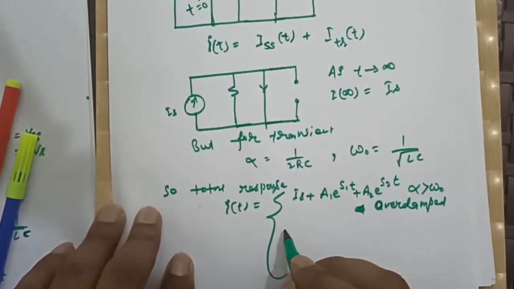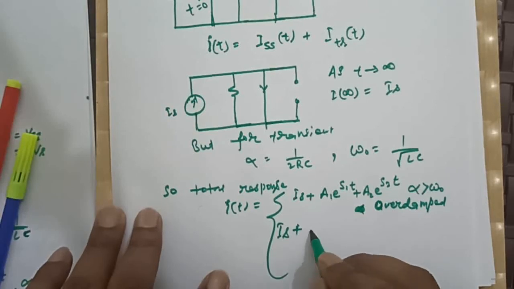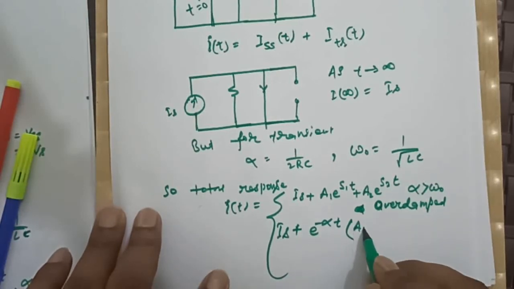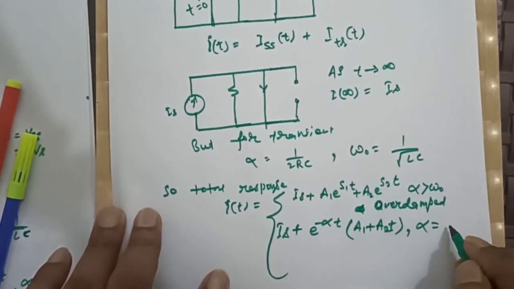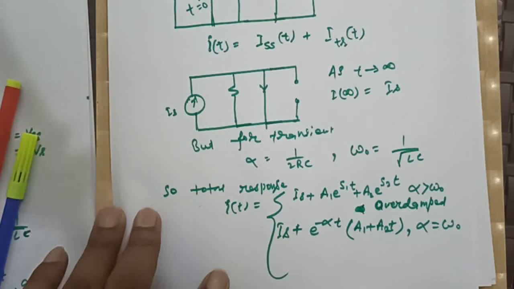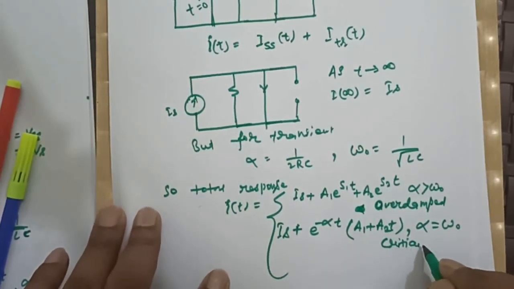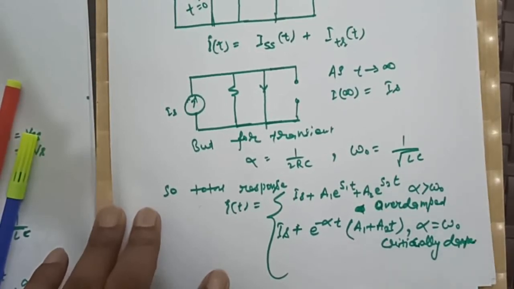Or for the critically damped case, the steady state part plus e to the power minus alpha t into (a1 plus a2t). This will occur when alpha is equal to omega naught, and this response is the critically damped response.